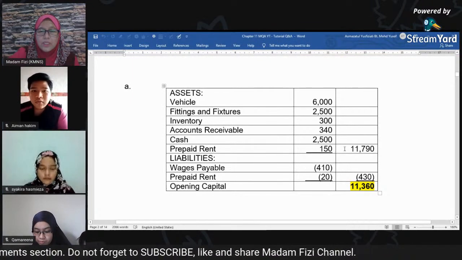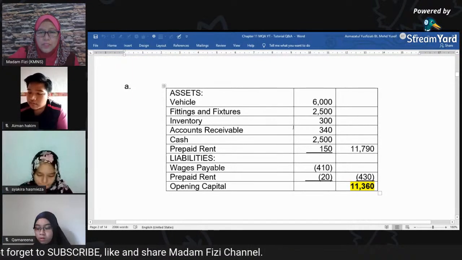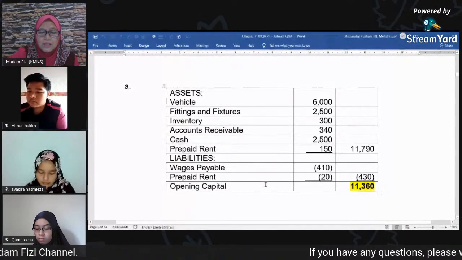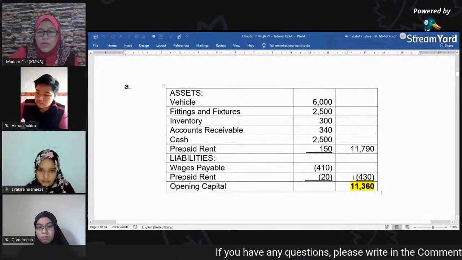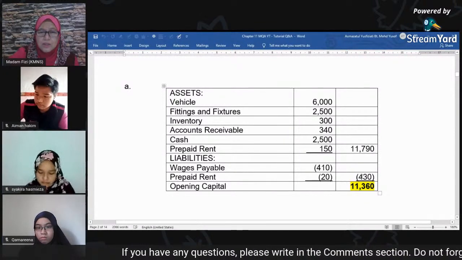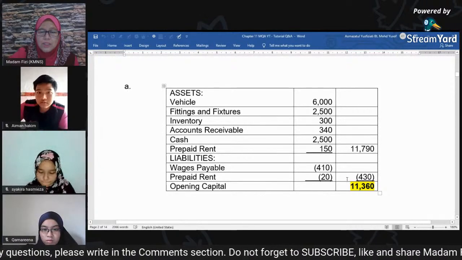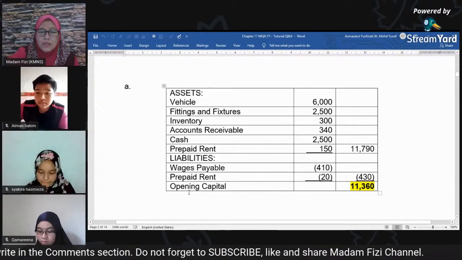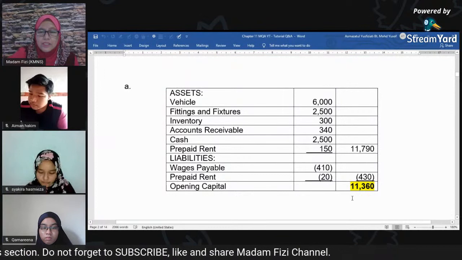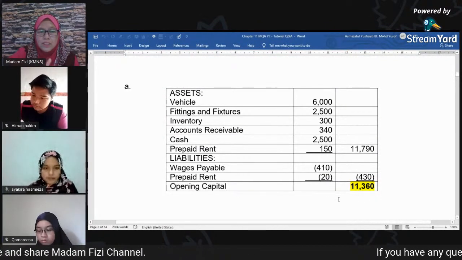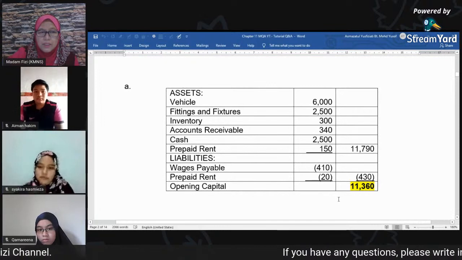This figure you can get from the questions. And the opening liabilities are 430. So asset minus liability, you can get opening capital 11,360.